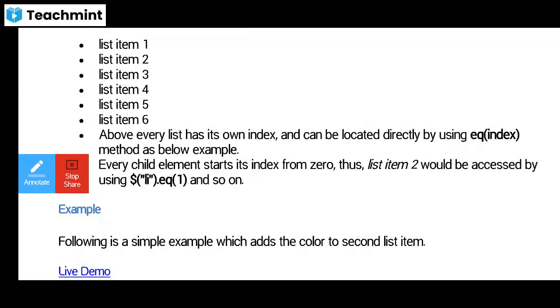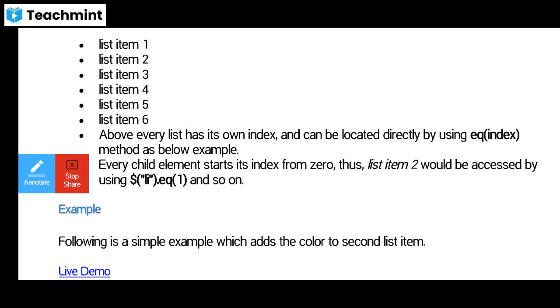And next, whenever we are going to use list item 3, we are going to specify in the equivalence, that is 2. So like that, for the 4, that is 3, and for the 5, that is 4, and for the 6, that is 5. So here we are selecting from the list of elements in the equivalence index.